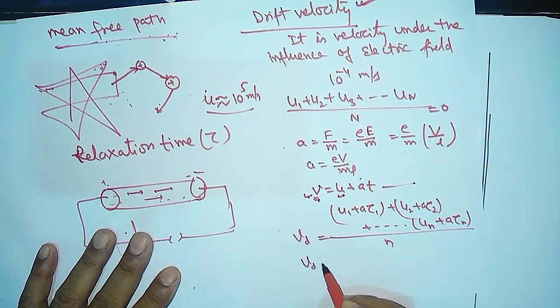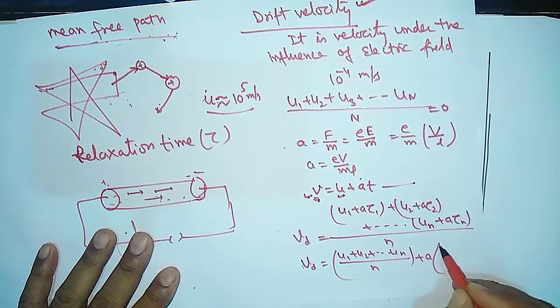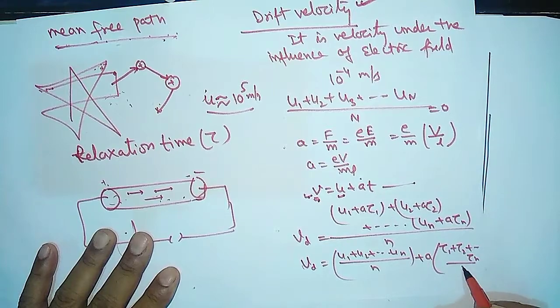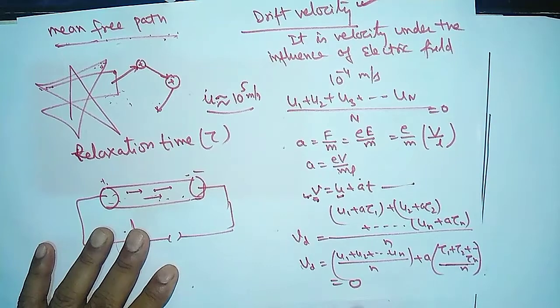So Vd, the drift velocity, is equal to (u1 plus u2 up to un) upon n, plus a times (tau 1 plus tau 2 up to tau n) upon n. This first part is the thermal velocity, and it is always zero.